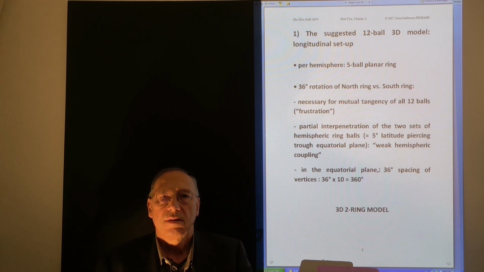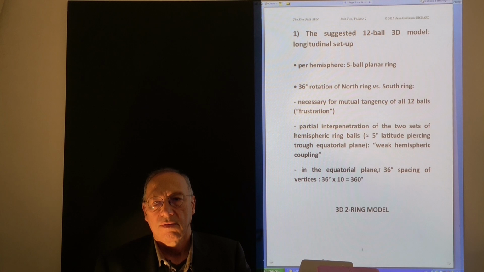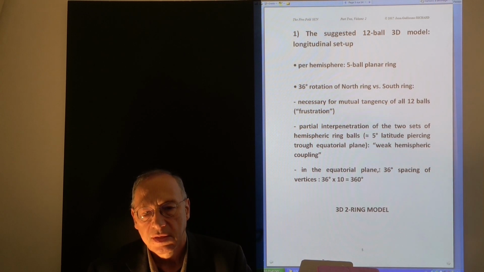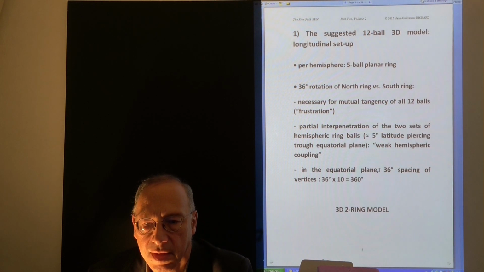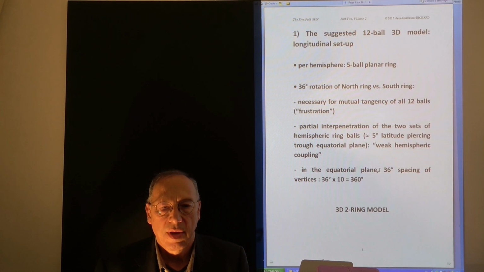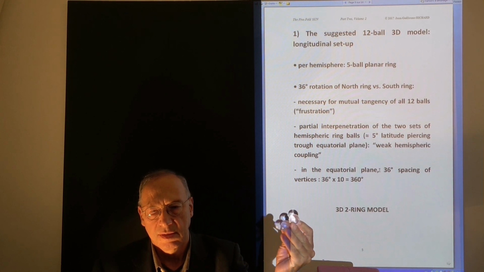The suggested model in 3D for the solar ball with the fivefold symmetry includes in each hemisphere five balls in a planar ring, such as this.